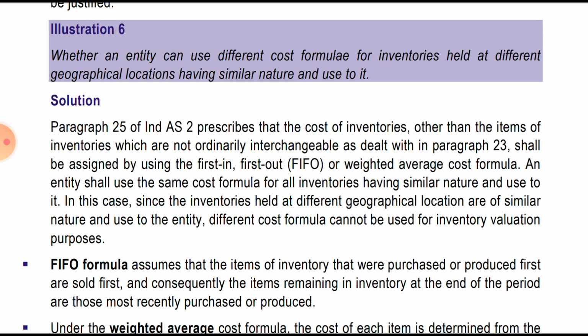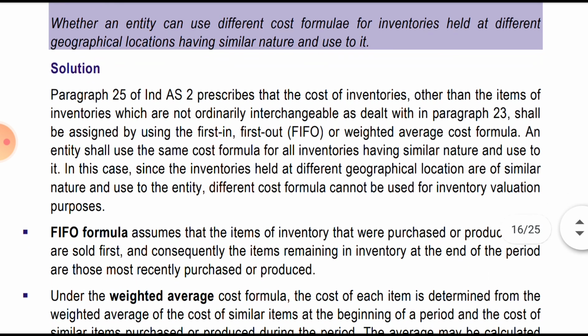An entity shall use the same cost formula for all inventories having a similar nature and use to it. In this case, the inventory held at different geographical locations is of similar nature. Even if they are located at different geographical locations, their nature and use to the entity is similar.